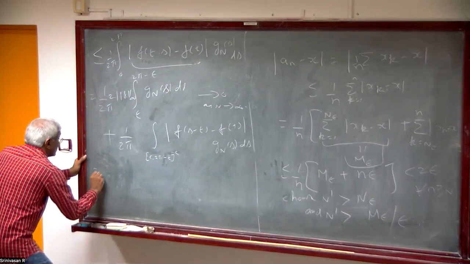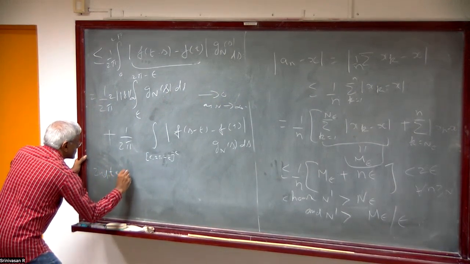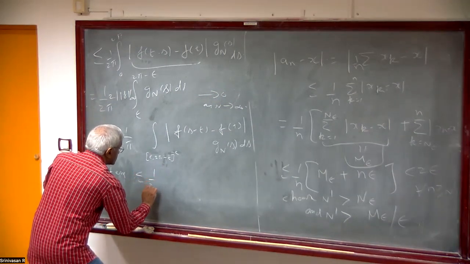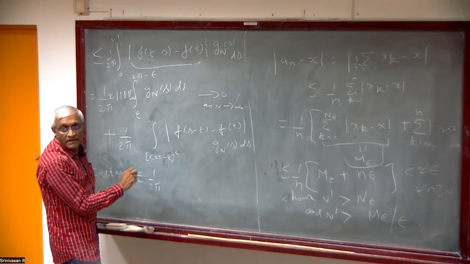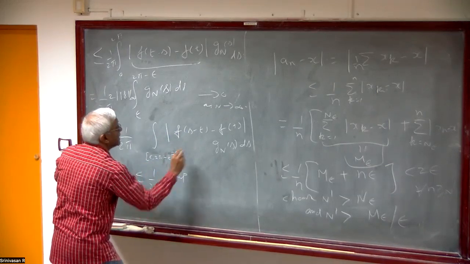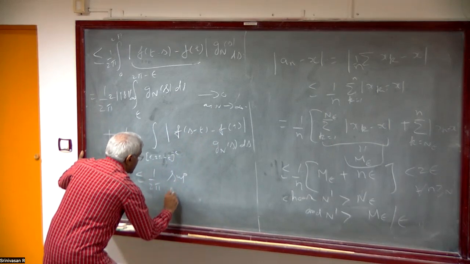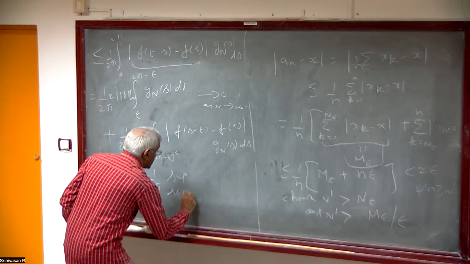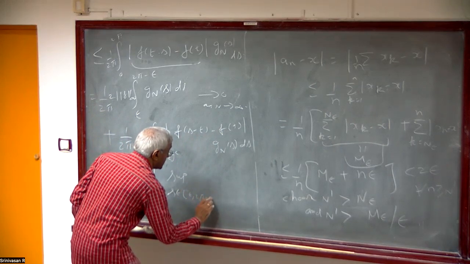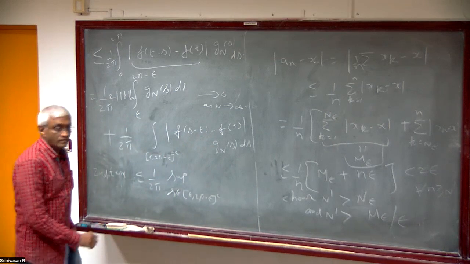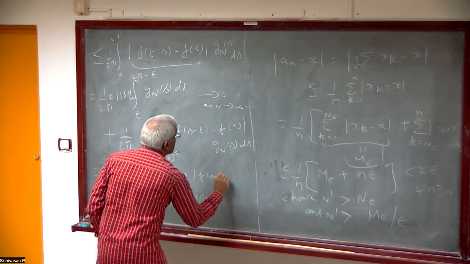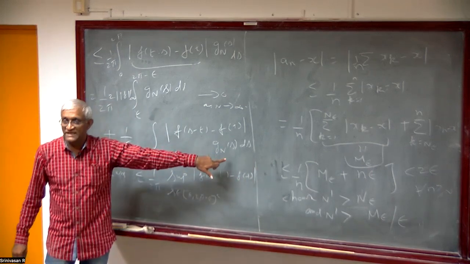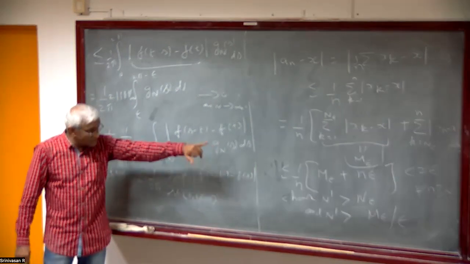The second term is less than or equal to, I take this out, the supremum over s in the epsilon to 2 pi minus epsilon complement of mod of f(s minus t) minus f(t), times the integral of g_n(s) ds in this region, and g_n is positive.